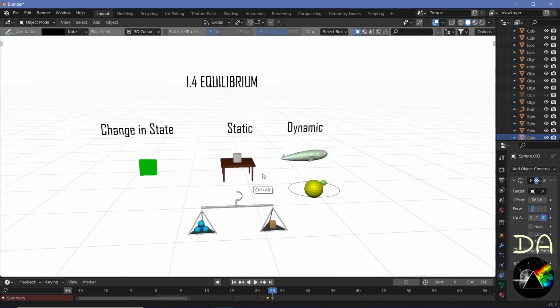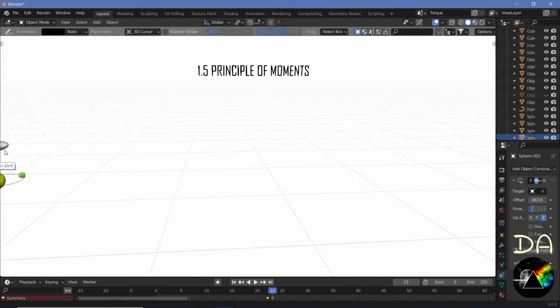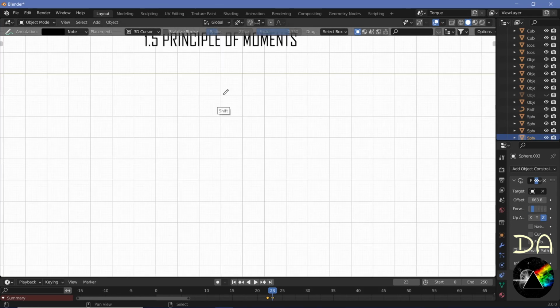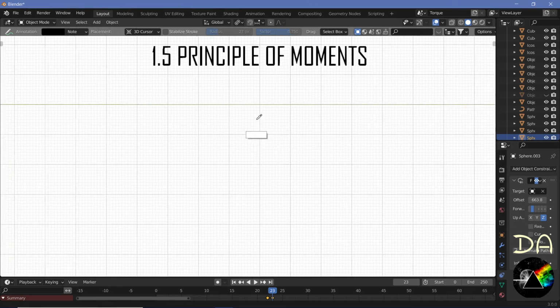So with that, we can finally accumulate all of our knowledge to come to the last and final stage, which is the principle of moments. This is where the majority of the numericals from this particular chapter are going to come.